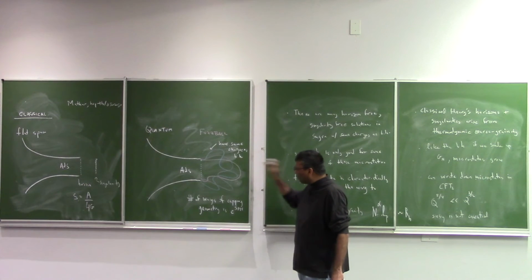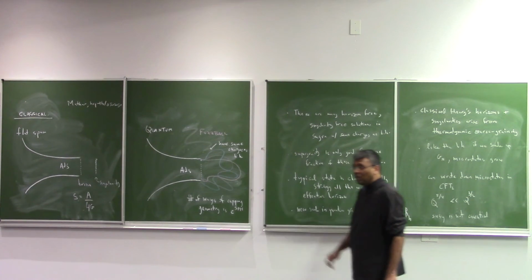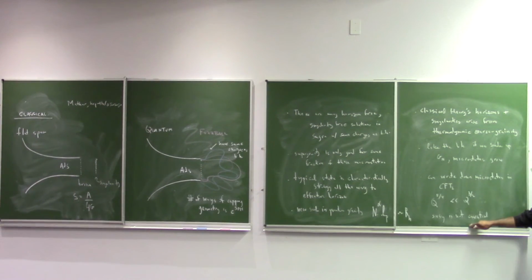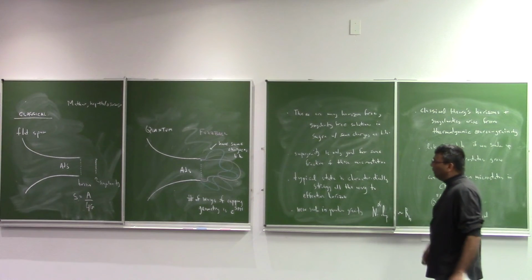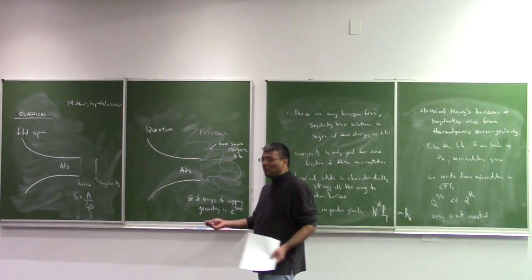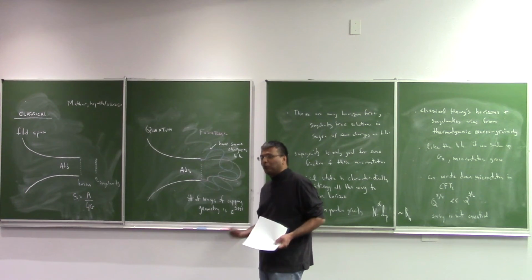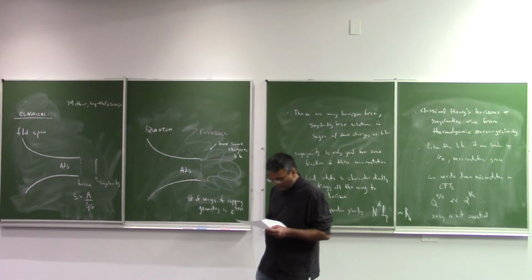This was, in fact, work I did about a decade ago with Simon Ross and the students at Durham to construct these microstates without supersymmetry. So the story seems to be coherent. We don't know if it's a final answer, but it at least explains the entropy of certain black holes in string theory.